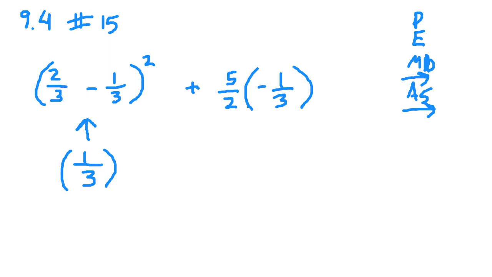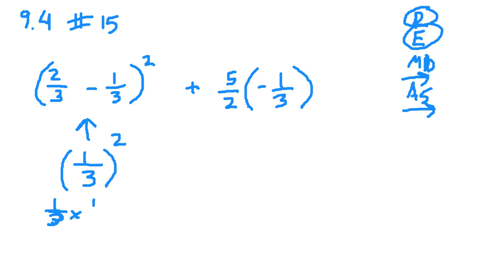However, after we do parentheses, then we do any exponents. So we have an exponent now, so we might as well take care of that. 1/3 squared just means 1/3 times 1/3. So we can square the 1 and then square the 3.